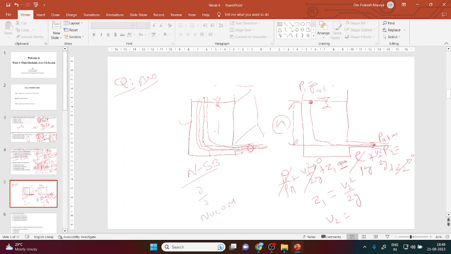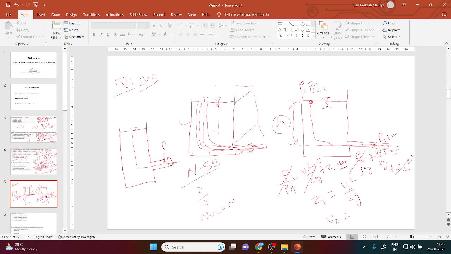Okay, just let me explain. If your tank is like that, your Bernoulli equation is valid. Your streamline is like that. At that location, inside the pipe, pressure is different.